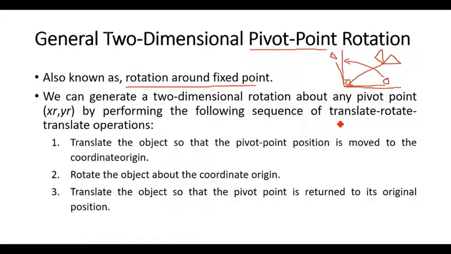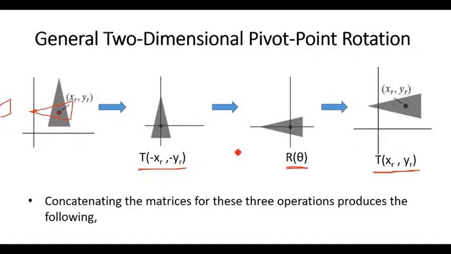The sequence would be translate, rotate, and translate. If XR and YR is our pivot point, we translate the object in such a way that the pivot point position is moved to the coordinate origin. Then we rotate it with respect to the origin, and then we move it back to its original position, as I explained in this example.